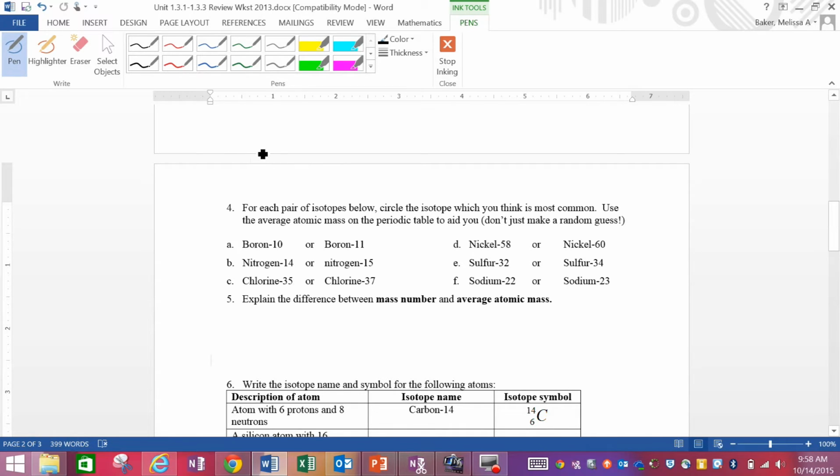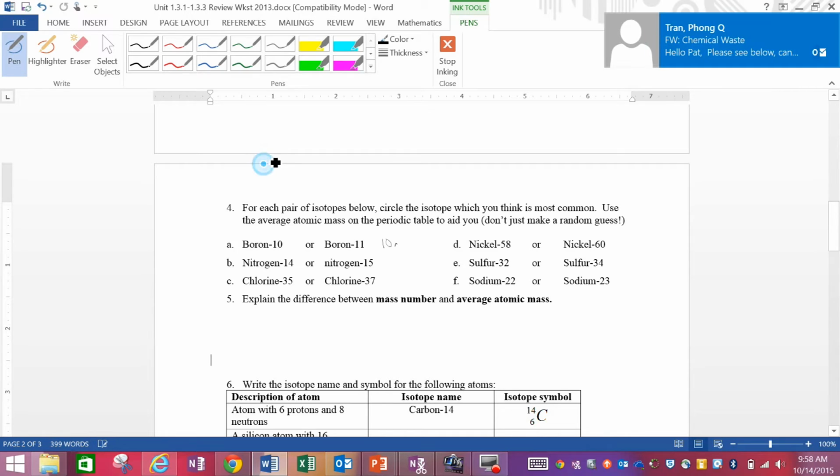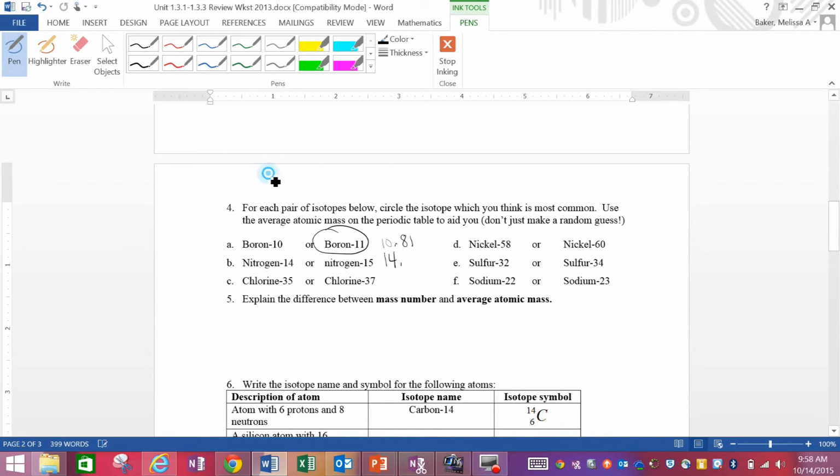So for boron, its average atomic mass is 10.81. So that would round to 11. For nitrogen, it's 14.01. That would round to 14, the nearest whole number. The next one is 35.45. That's closest to chlorine 35.